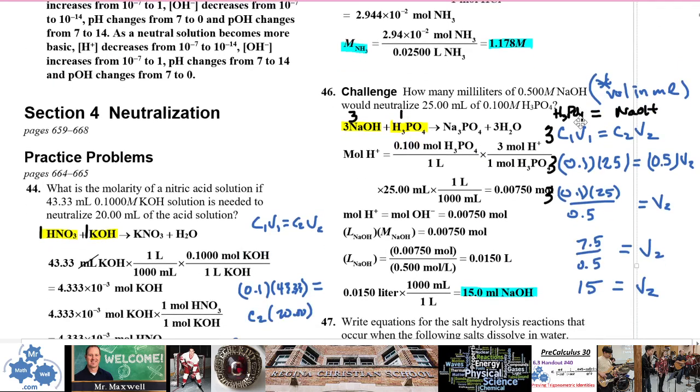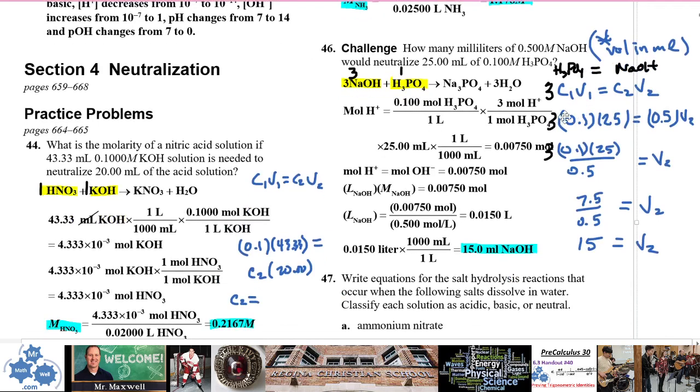Now, where we get into a little bit of a problem with C1V1 equals C2V2 is when we have not a 1-to-1 ratio. So watch this. In number 46, the reason why this is a bit of a challenge is because this is 3 NaOH to 1 H3PO4. So when it's a 3-to-1, that means that in order for this to react, 3 moles of NaOH reacts with 1 mole of H3PO4.